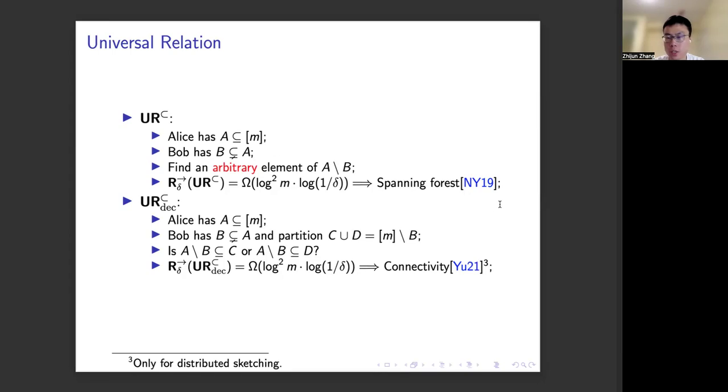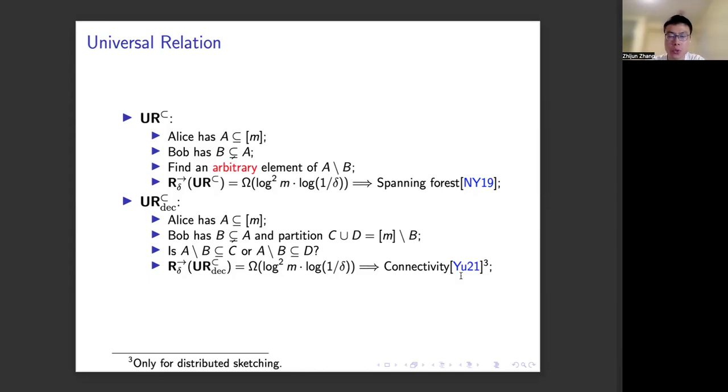So in 2019, Nelson and Yu showed a one-way communication lower bound for this problem and used it to prove the n times log cubed n space lower bound for streaming algorithms for finding spanning forest that I mentioned previously.